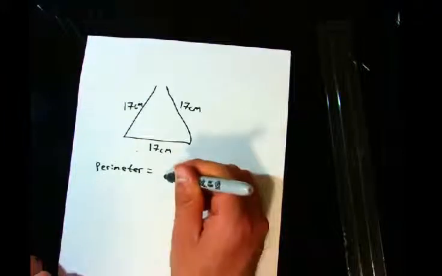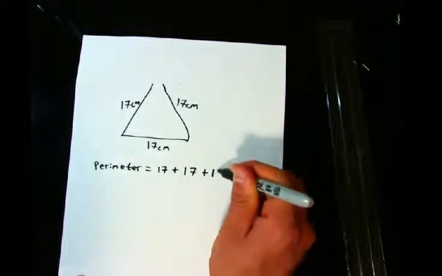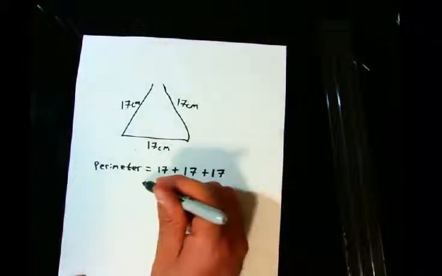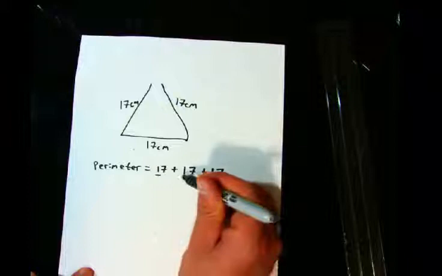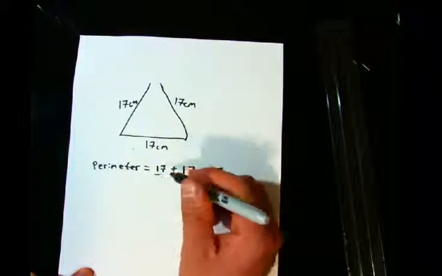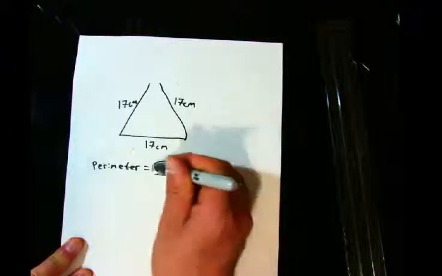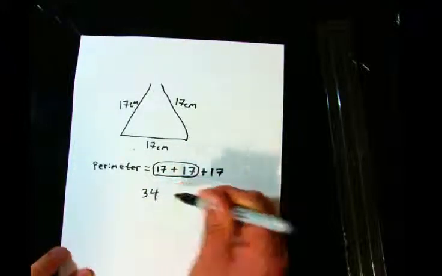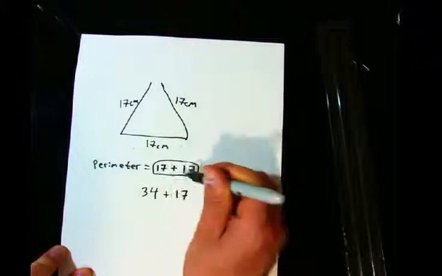And again, the perimeter is going to be 17 plus 17 plus 17. And what's the answer? Using your front-end addition skills, you should know that 10 and 10 is 20. Well, hold on. Front-end addition, you don't need that. You know this is a doubles, and this is 34. And plus 17. So we have 34 plus 17.